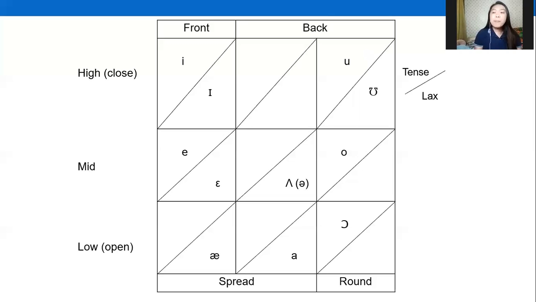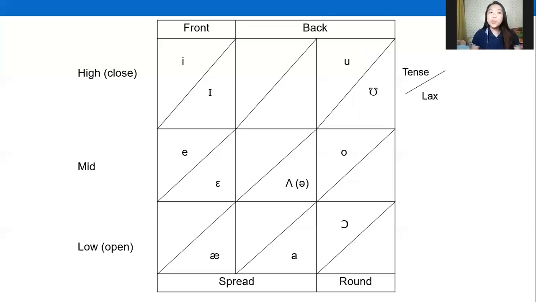And lastly, we have the tenseness. So it refers to whether when we produce a sound, our mouth is tensed or relaxed. So the sounds at the top part of each box, we produce those sounds with our mouth tensed, while the sounds at the bottom part of each box, we produce those sounds with our mouth relaxed.